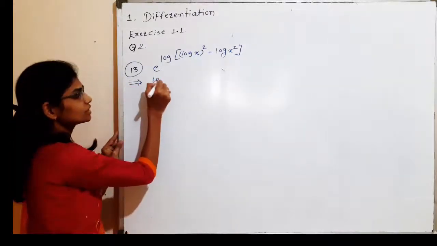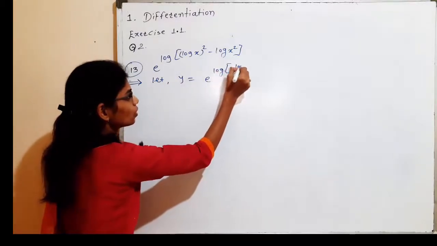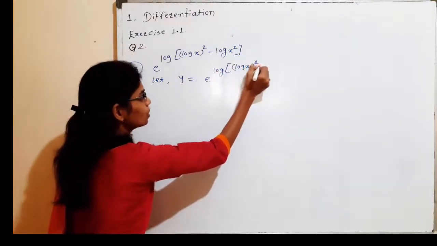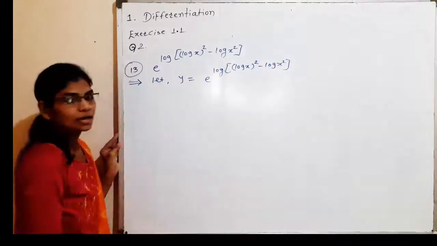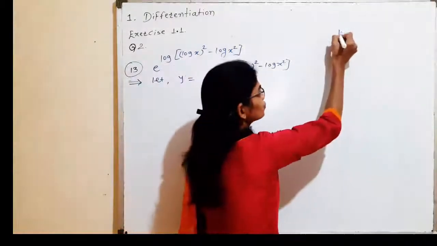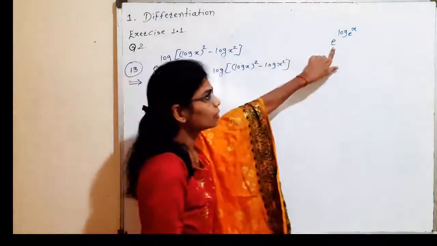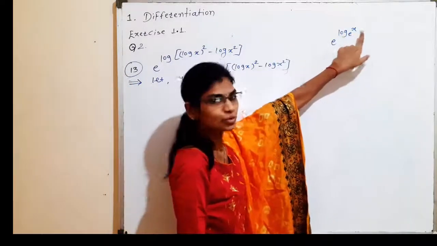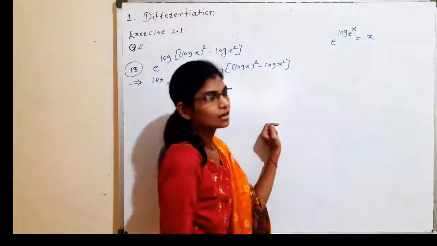First of all, consider y is equal to e raised to (log x)^2 minus log x^2. Here, that example is in the form of e raised to log of e to the x. Whenever it is e raised to log of e to the x, then its value remains only x.